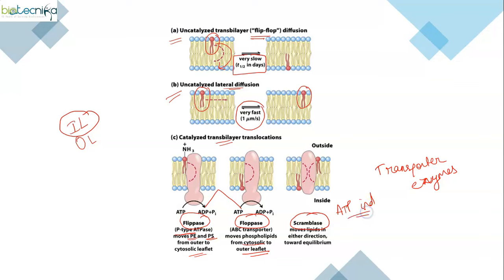So, as I told you, phosphatidylserine normally resides in the inner leaflet. But in some emergency situations, it can also flip to the outer leaflet. Now, that process is carried out by the enzyme scramblases, which requires calcium ion binding for their activity.